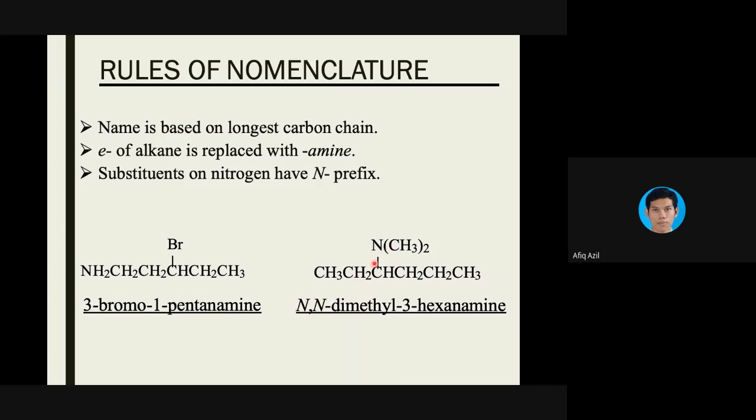You cannot write 3,3-dimethyl, because that denotes that the methyl groups are at carbon number 3, but they are actually at the nitrogen. So you have to write it as N,N-dimethyl-3-hexanamine. And you have to write 2 N, not just 1 N, because there are 2 methyl groups. And the N is written in italic, meaning slightly slanted.